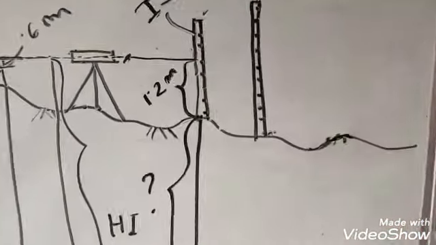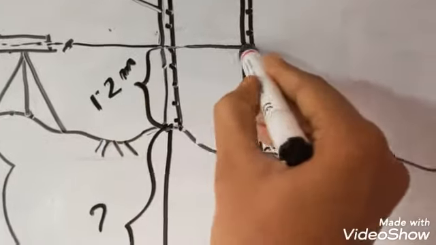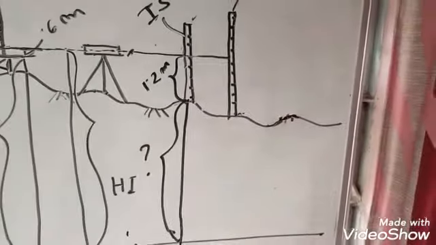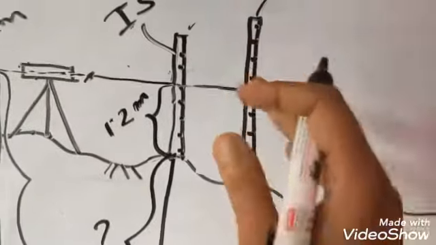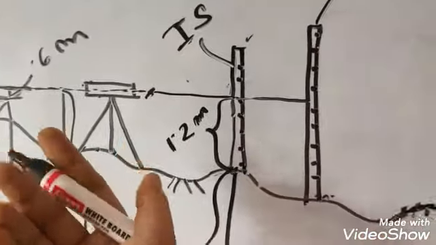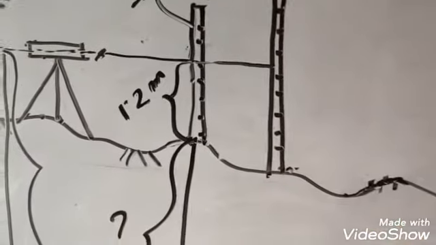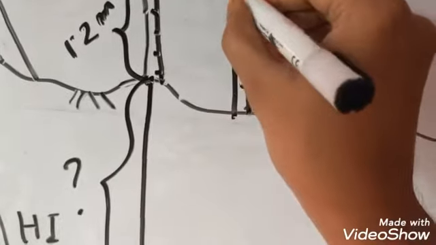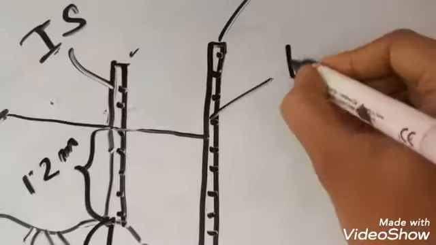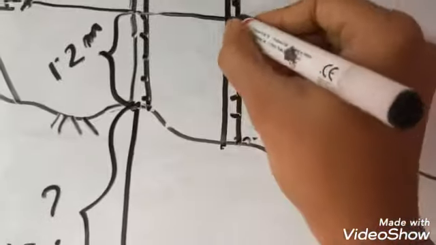So what we are going to do, we are going to take this reading at a change point, and since this is the last reading from this position, this reading will be called foresight.